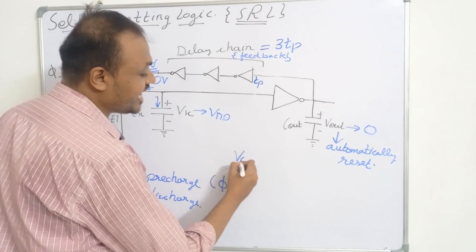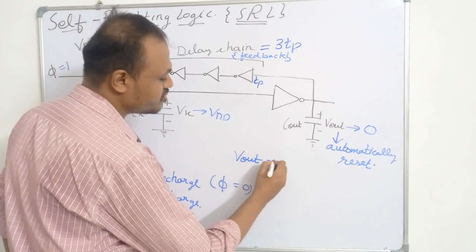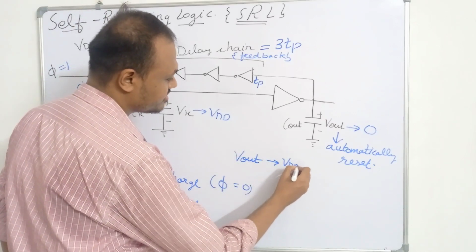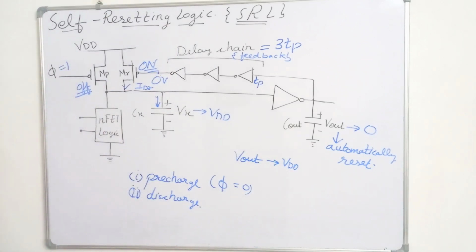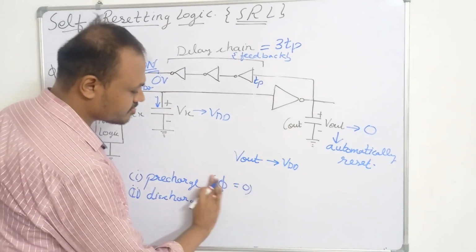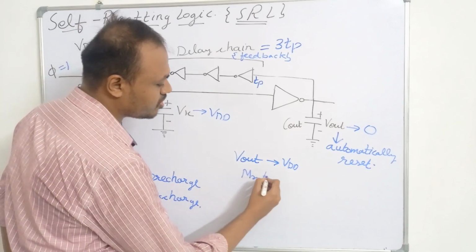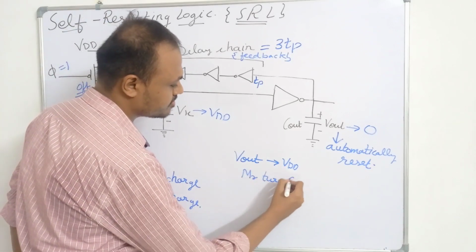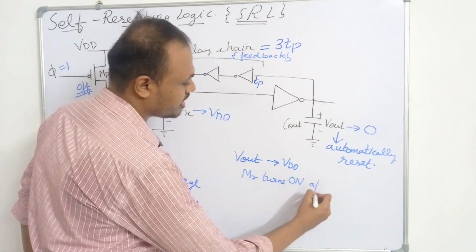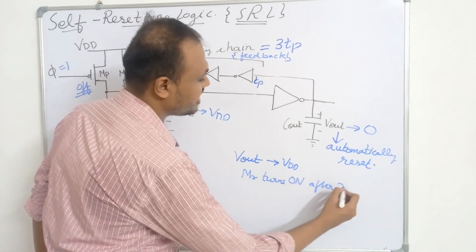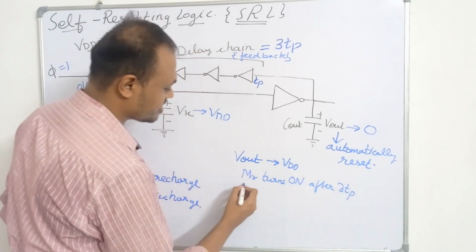So what happens is that Vout changes to VDD, then your MR turns on after 3 Tp.